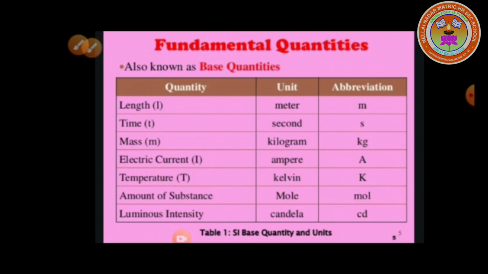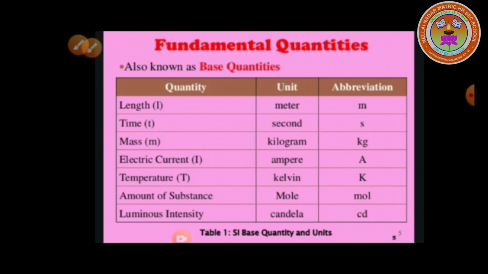We have 7 fundamental quantities: length, time, mass, electric current, temperature, amount of substance, and luminous intensity. These 7 quantities are called fundamental quantities. Now let us move on to the corresponding units of the fundamental quantities.